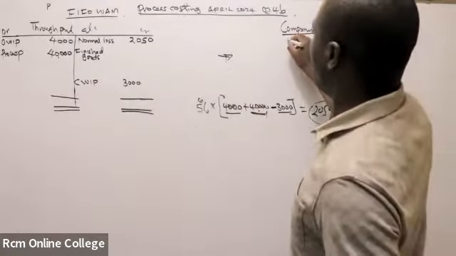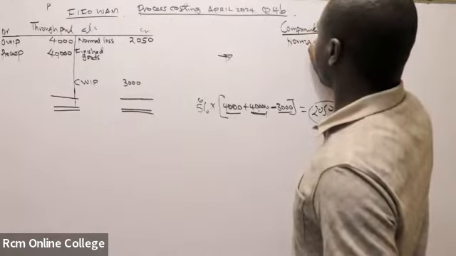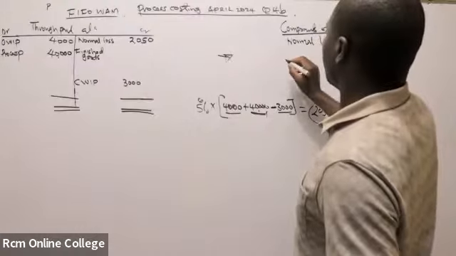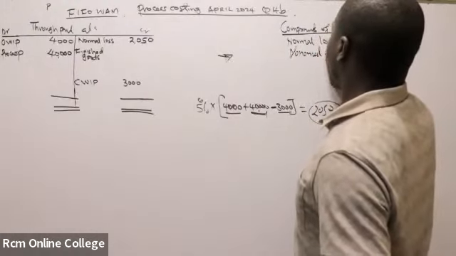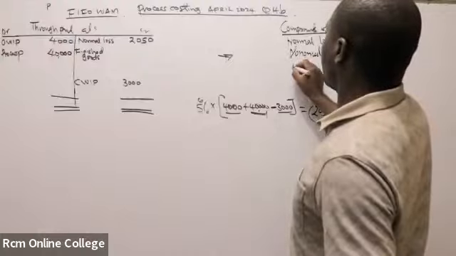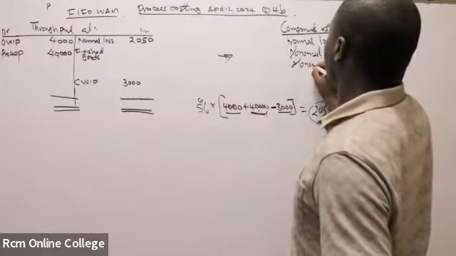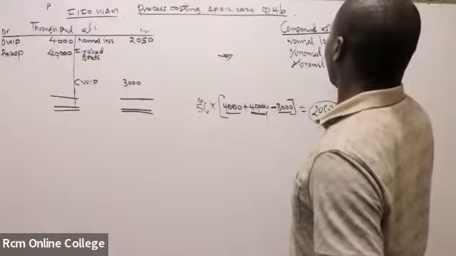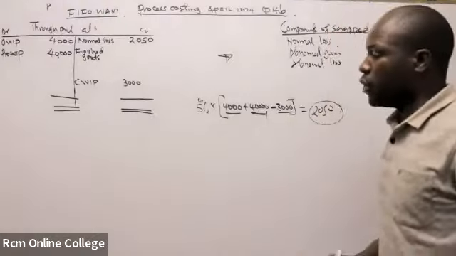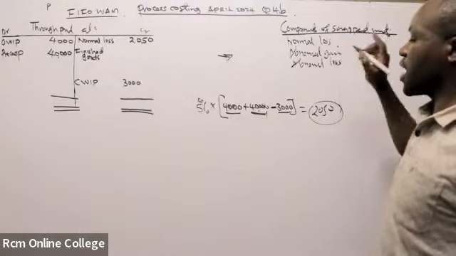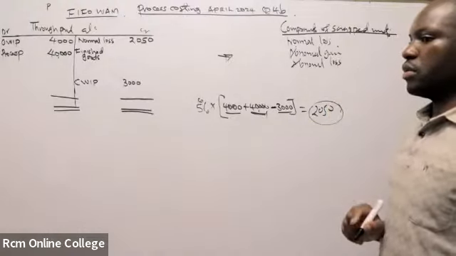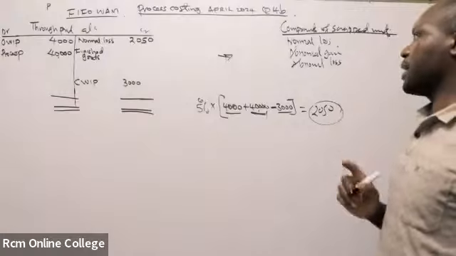So number 1, normal loss. Number 2, abnormal gain. Number 3, abnormal loss. And definitely we cannot have abnormal gain and abnormal loss at the same time. We only have one of them at a time.